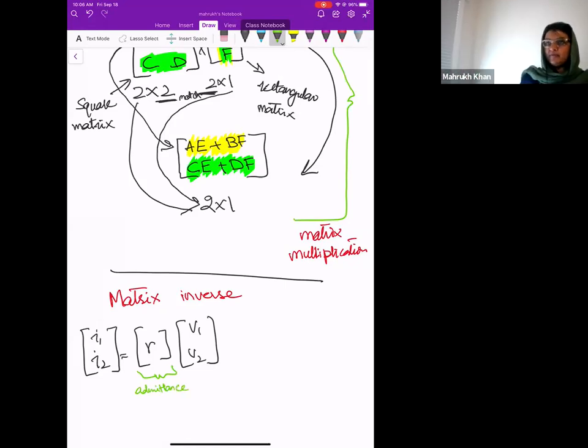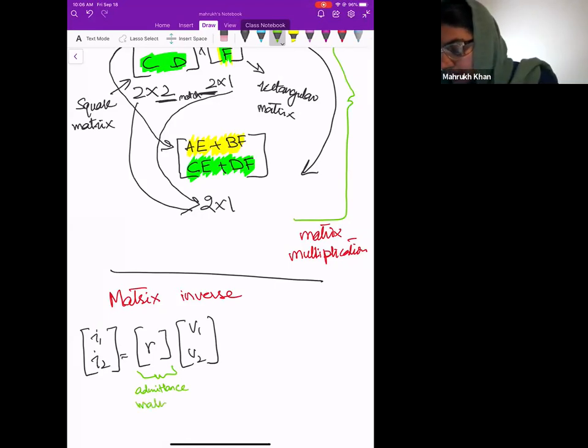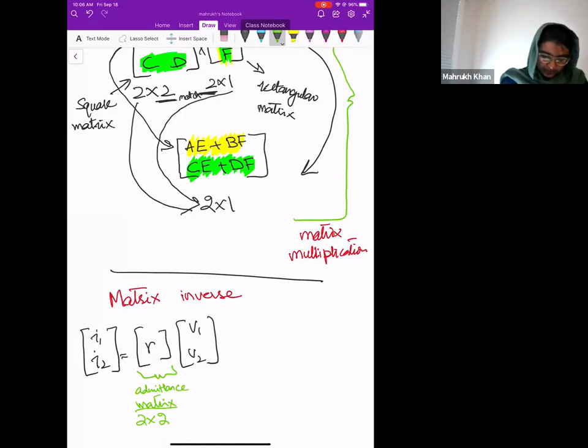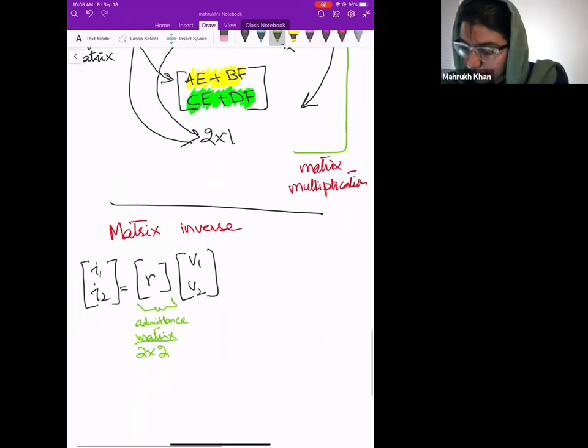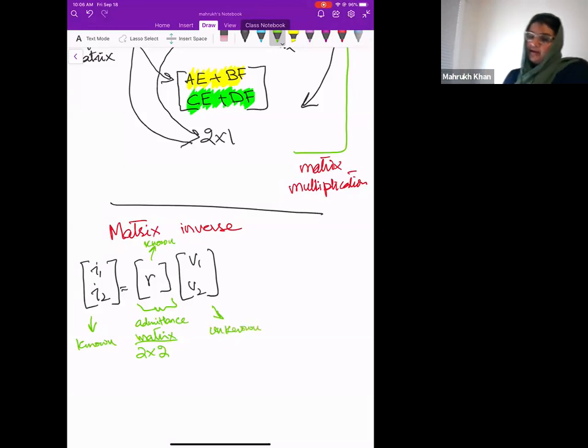So I should be 1 over R into V. So it is the admittance matrix, and its order is 2 by 2. Okay. And if I want to find, if this is known, and this is also known, and this is my unknown, so I want to find V1 and V2.